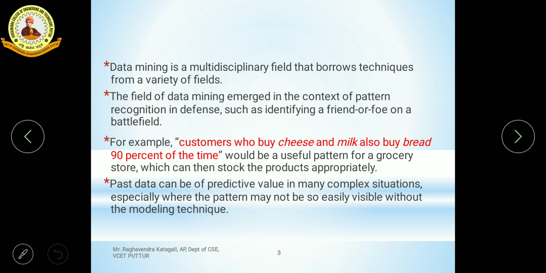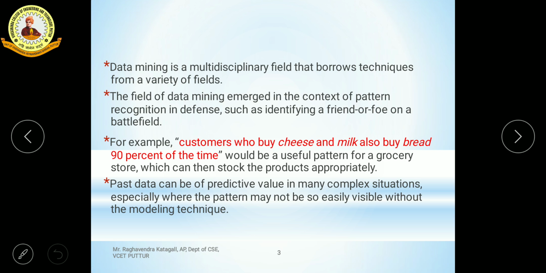This kind of pattern or insight can be found using data mining, and it is useful for a grocery store owner to stock the products properly.